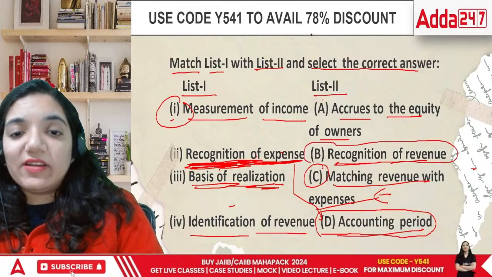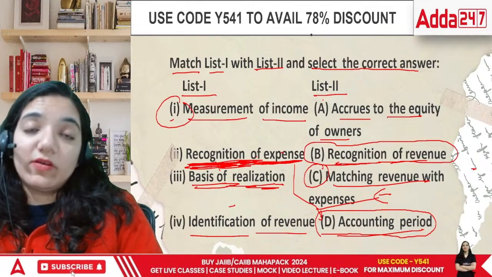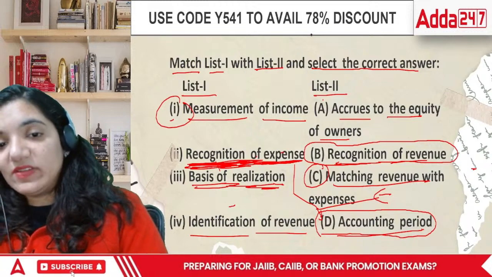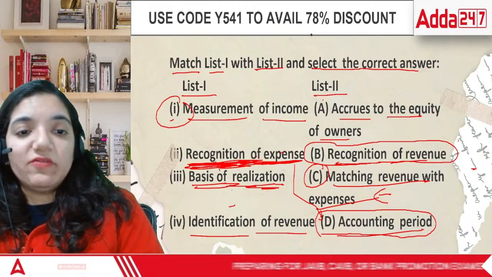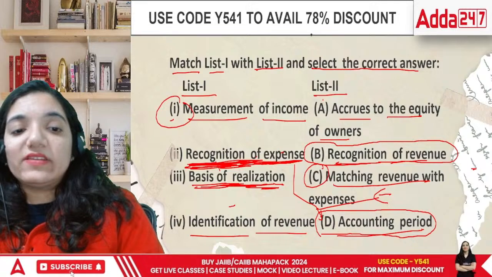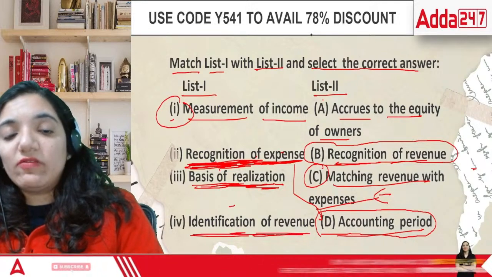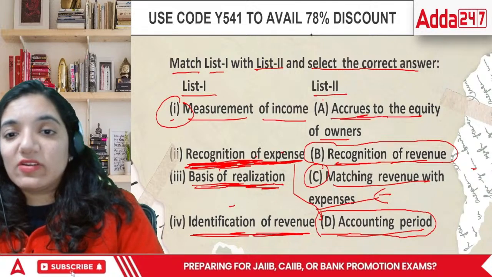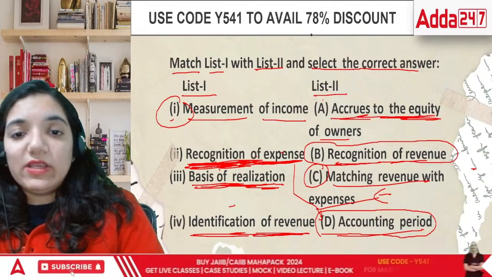Then comes basis of realization, which is basically recognition of revenue. Realization means the money that you are receiving. Now, when will you record it? We'll record it in the form of what is accrued this year, which we have received this year. That is basis of realization. And the last is identification of revenue. When we talk about identification, it is something that accrues to the equity of owner.